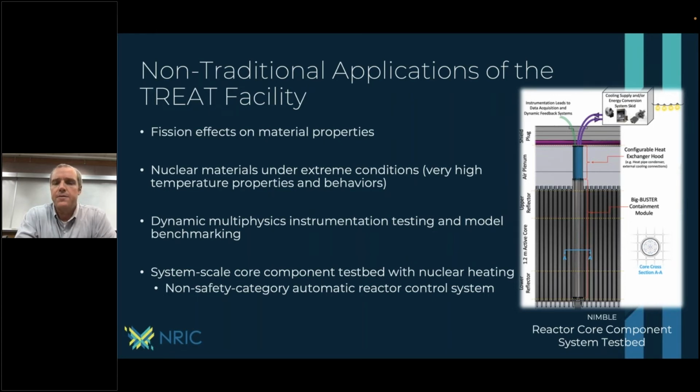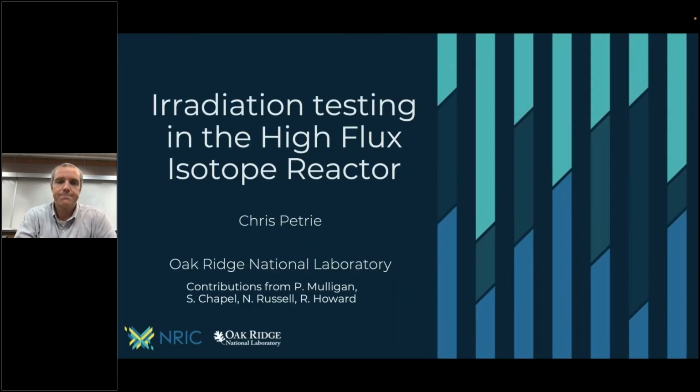So this diagram at the right is a concept that is out there for how one could potentially take advantage of some of the unique attributes of the TREAT facility, like its automatic reactor control system that can be tied to the experiment to provide feedback and develop a better understanding of how these systems interact, but combined with nuclear heating, which provides some unique opportunity as well compared to perhaps out of pile approaches. So with that, I think I'll end. Thank you.